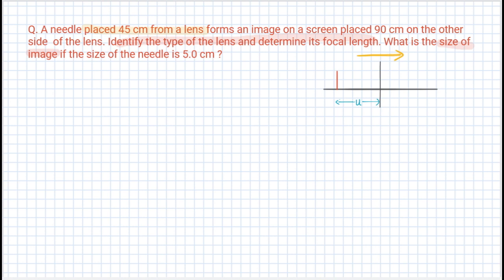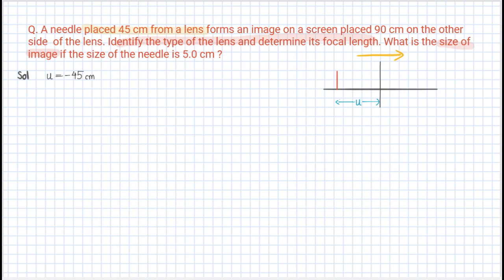I'll write down the solution. According to the first hint, your object distance is given as 45 centimeter, and it is minus. Now, why minus? Because it is measured in the opposite direction.